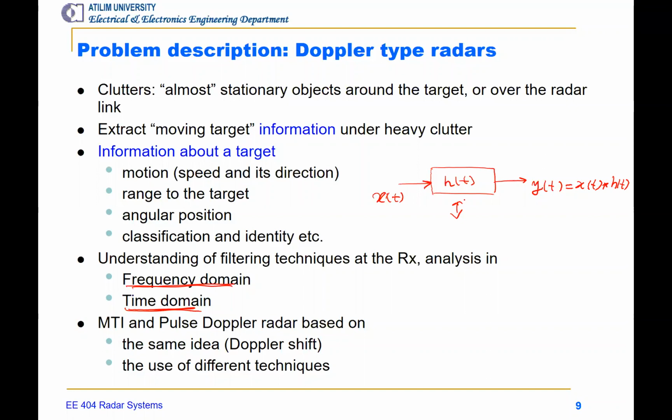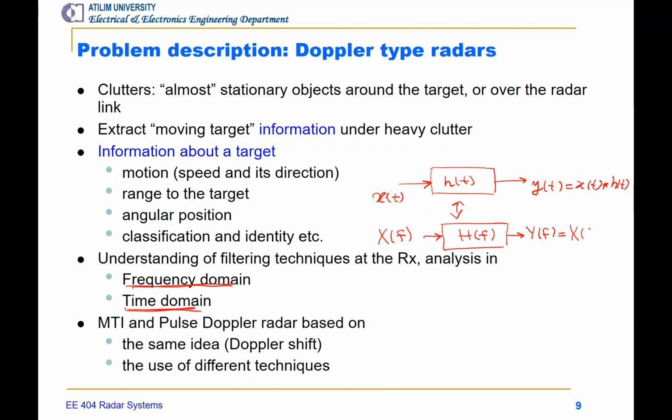Now we can use this time domain model, or we can use the frequency domain version where we have H of f, the transfer function of the system, and the input signal spectrum and output signal spectrum.